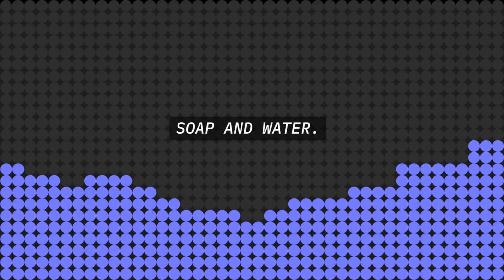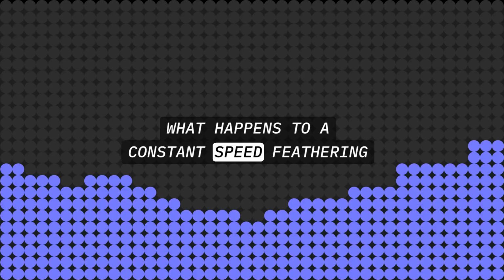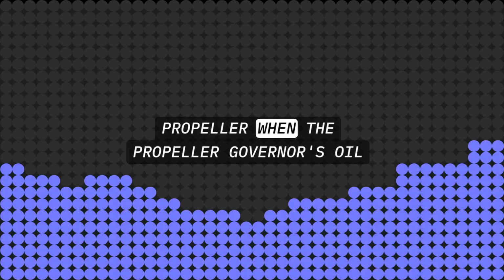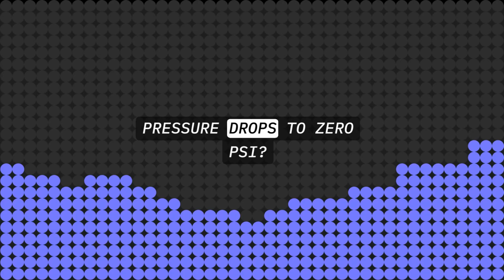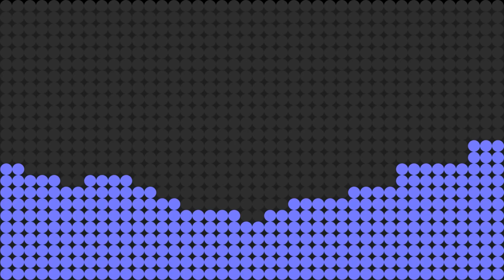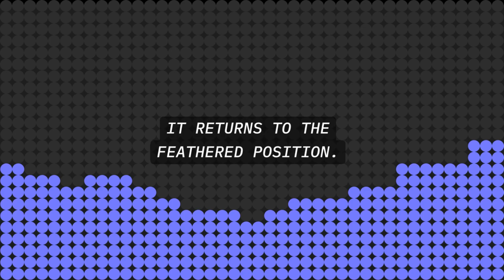Soap and water. What happens to a constant speed feathering propeller when the propeller governor's oil pressure drops to 0 psi? It returns to the feathered position.